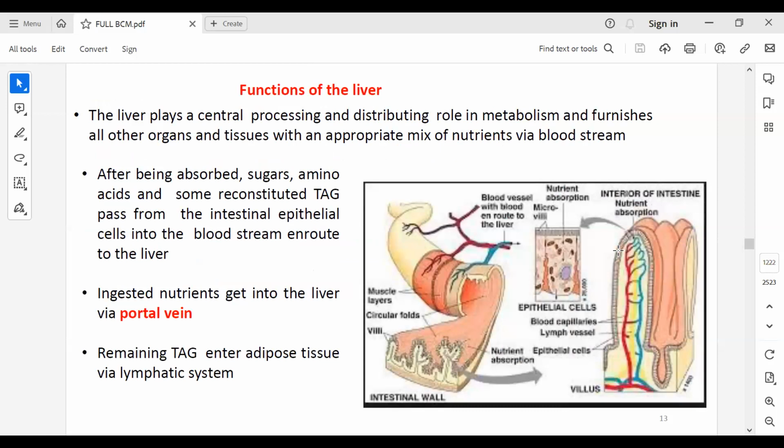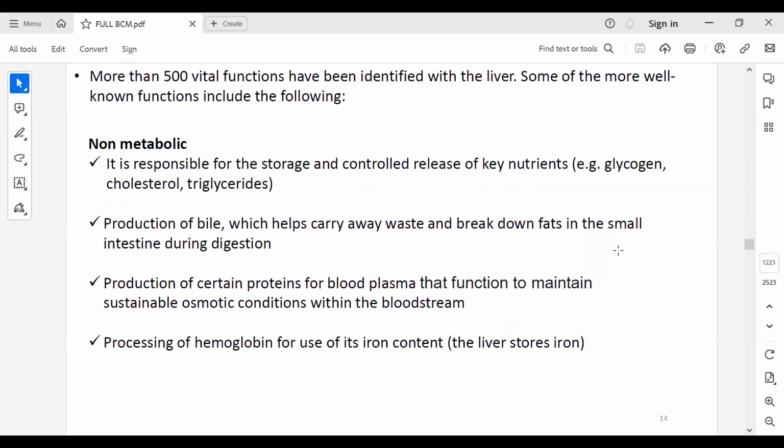As for the functions of the liver, we already know there are over 500 vital functions, and we have both non-metabolic and metabolic functions. So far, we have discussed most of the metabolic functions of the liver in metabolism, but the non-metabolic functions are like storage and release of nutrients. They store glycogen that can release glucose into the blood, and also cholesterol, triglycerides.